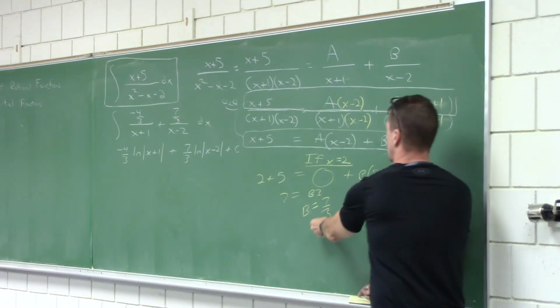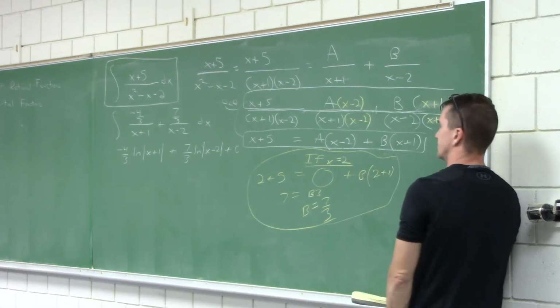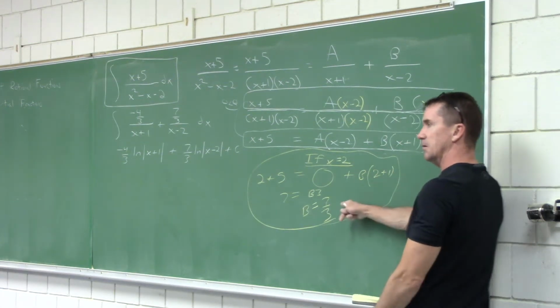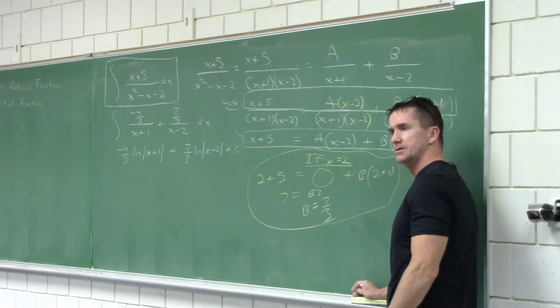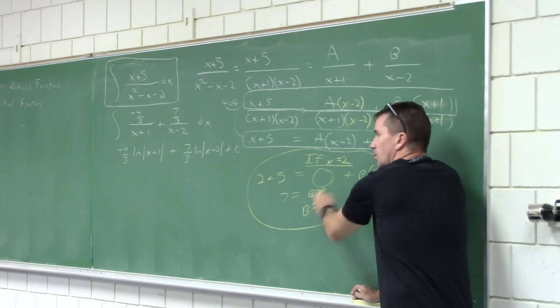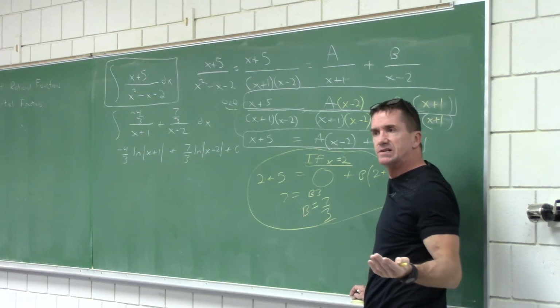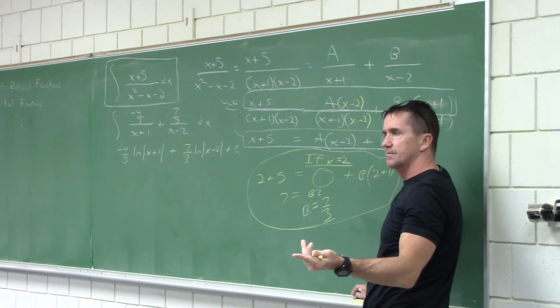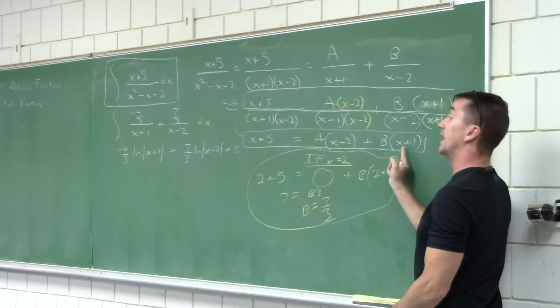Now, we do need the other number, so I'm going to leave this. Well, brainstorm an idea. What could make this 0? Was everyone okay with what we did? You're allowed to do that. Absolutely. You're just trying to figure out a way to find what would be in this process. So we ask, what would make one of these zeros? Because zeros are easy to deal with. What else? Way quicker. What would make this 0? What x value?